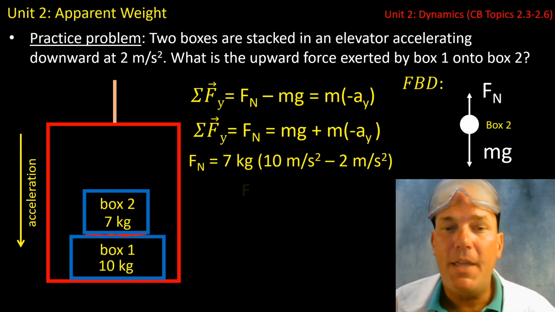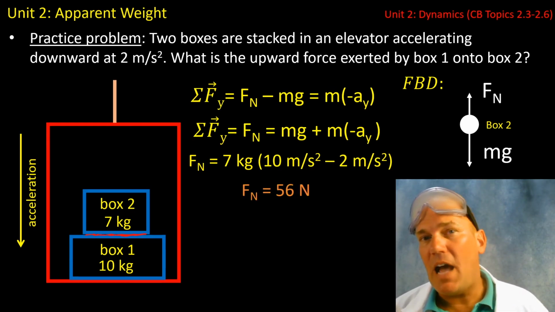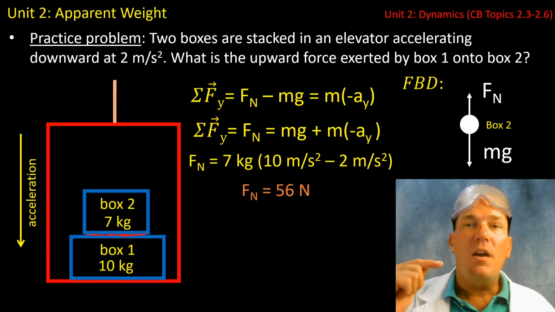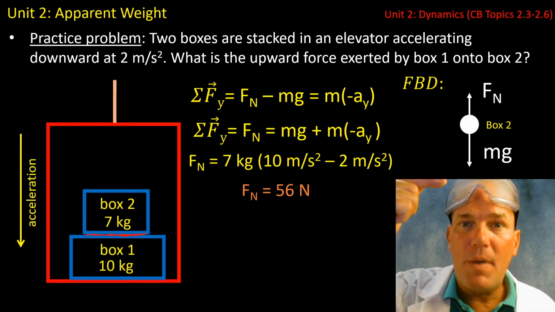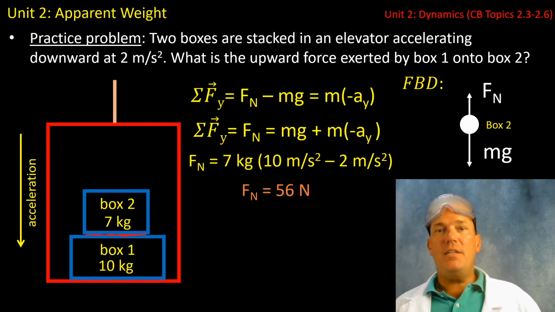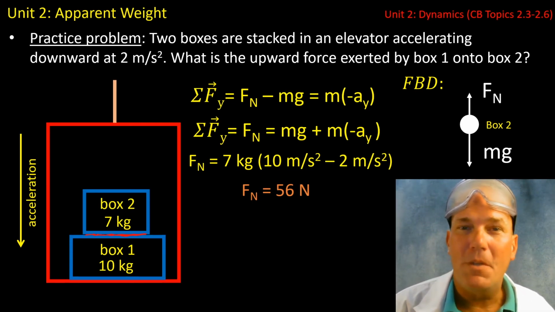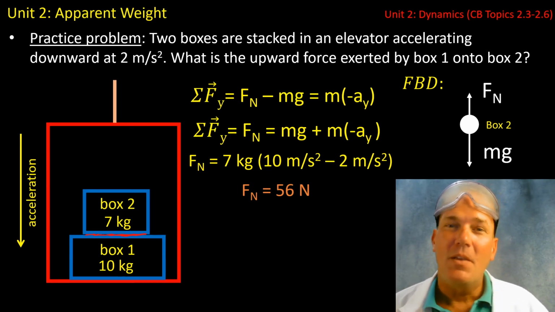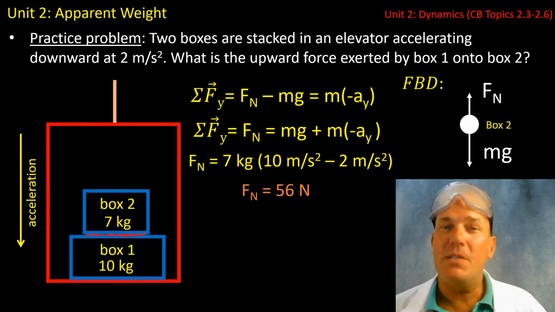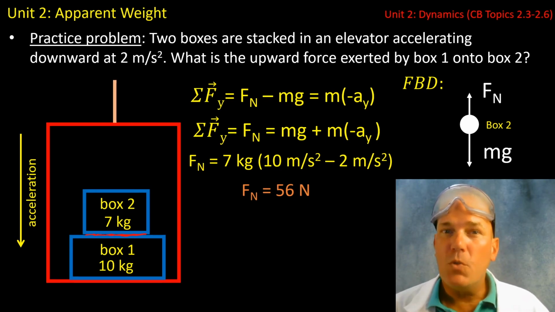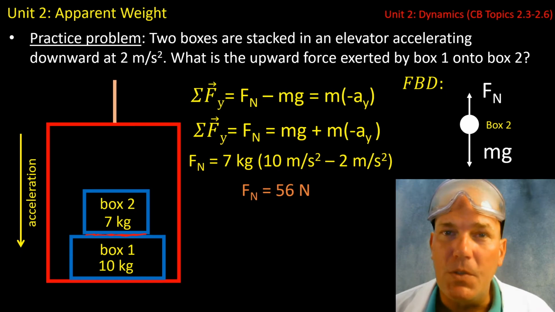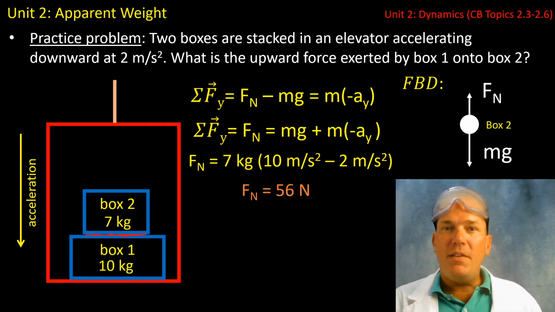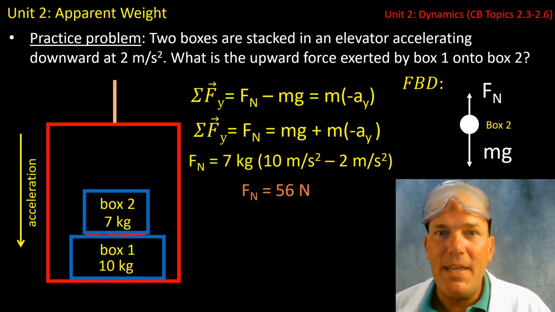And we're multiplying that by the mass to solve for force normal, which is the upward force of box 1 onto box 2. And we get a number less than what it would normally be when it's in equilibrium. When this object, box 2, is in equilibrium, force normal is equal to the force of gravity, which would be 7 kilograms multiplied by 10.